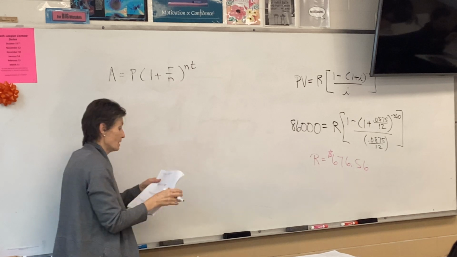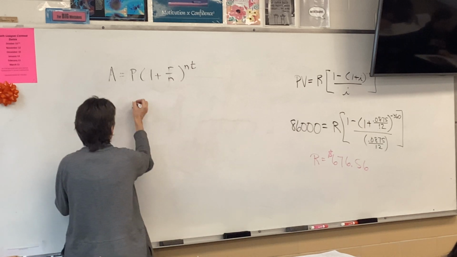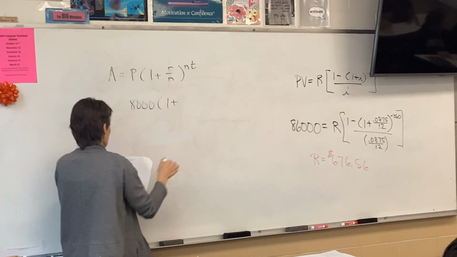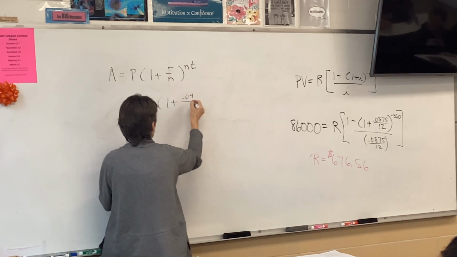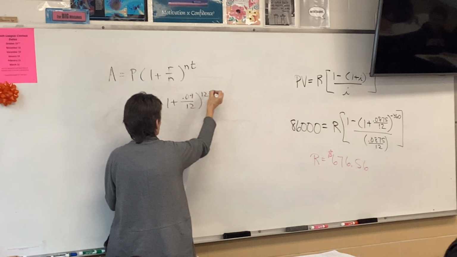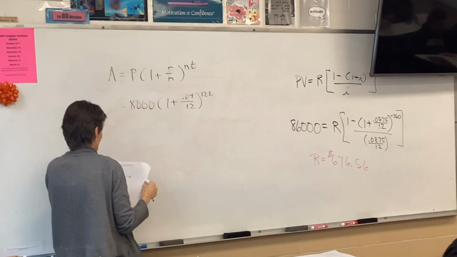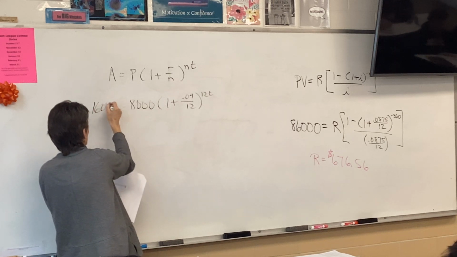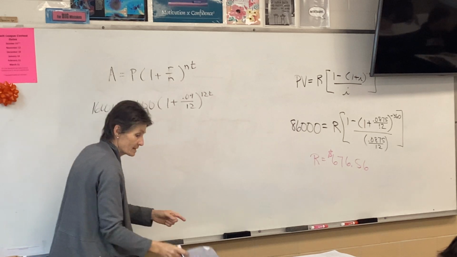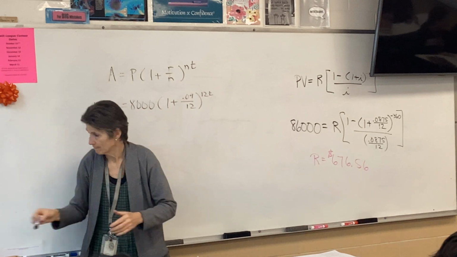Okay? So what am I doing? She invests $8,000, 9% interest rate, compounded monthly, and she wants to basically double her money. She wants to end up with 16,000. All right? Does that make sense to you? Yeah.